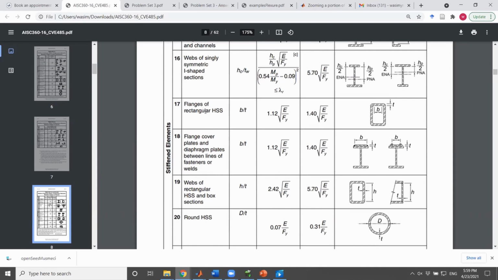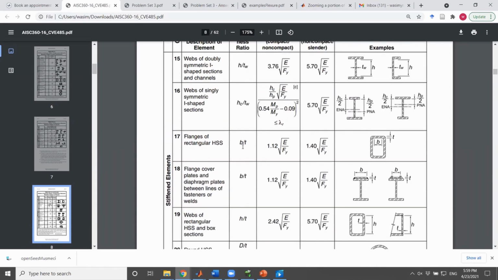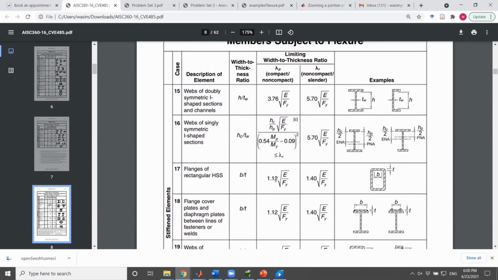And for that, we consider the flanges. We take lambda as b over t. The b is shown in the example, and t is the thickness of the flange in the box shape we have. And we can decide the compactness by comparing with lambda p and lambda r.